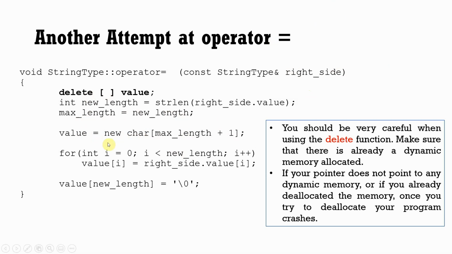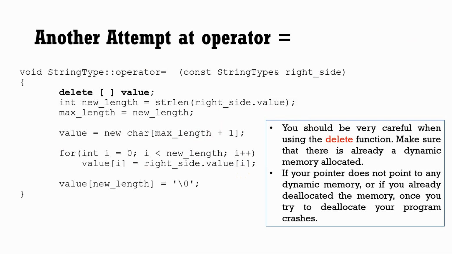So we deleted the original array and allocated a new array with the appropriate size, and then we copied, this part is deep copy, the content of the array of the right hand side into the array of the left hand side.